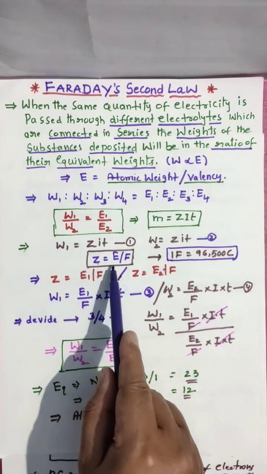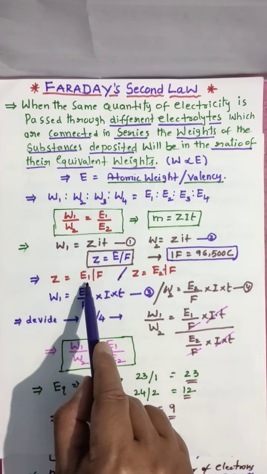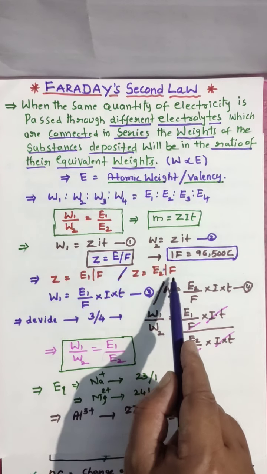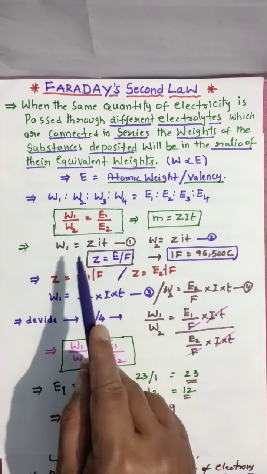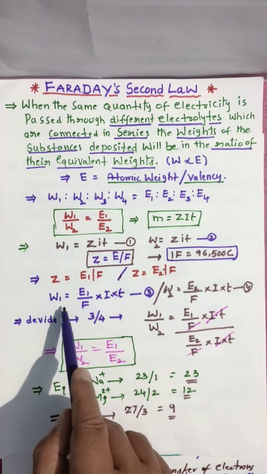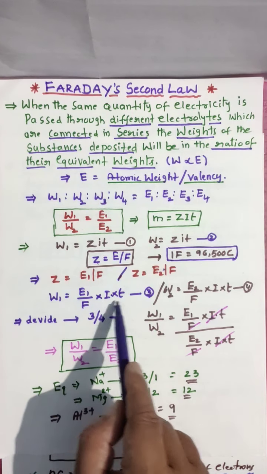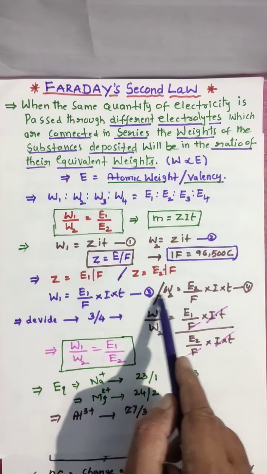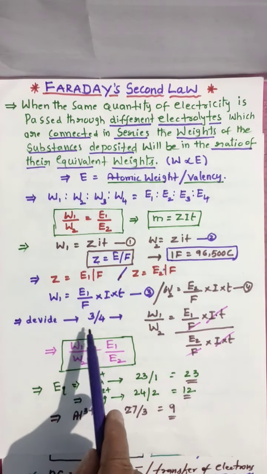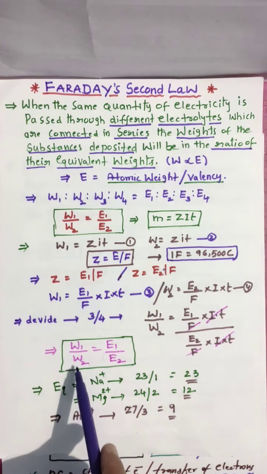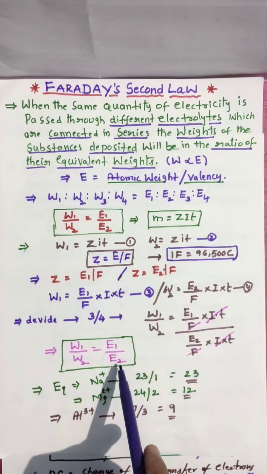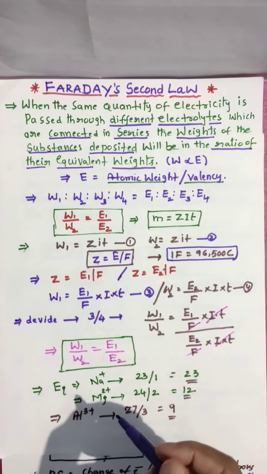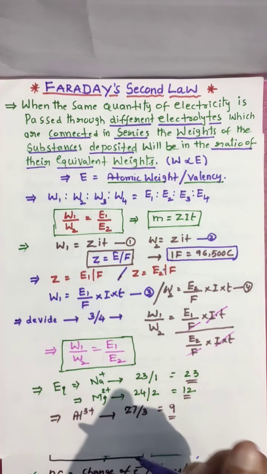Now you substitute this value in this formula. Z equal to E1 by F, Z equal to E2 by F, and this substituted in this: W1 equal to E1 by F into IT, W2 equal to E2 by F into IT. Now divide third with 4. Divide 3 by 4, then you are getting W1 by W2 equal to E1 by E2. This is Faraday's second law.